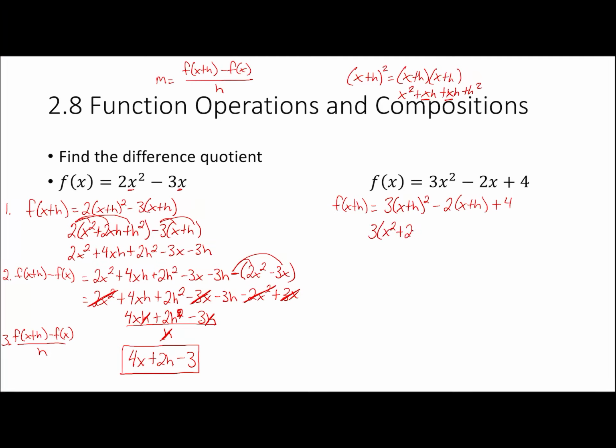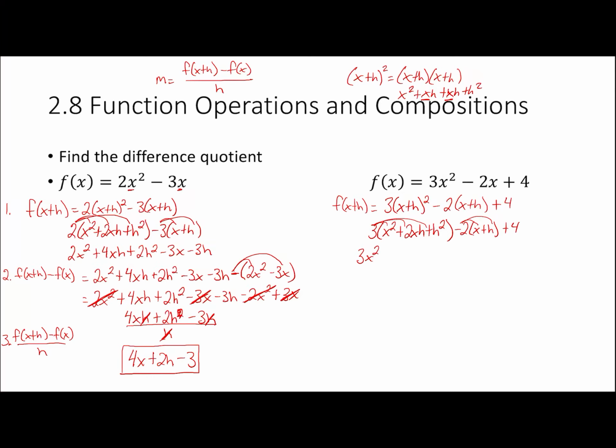And so again, when we square that x plus h, you can see that at the top of the screen how that would work. We should end up with x squared plus 2xh plus h squared. And then I'll distribute all in one step in a second.